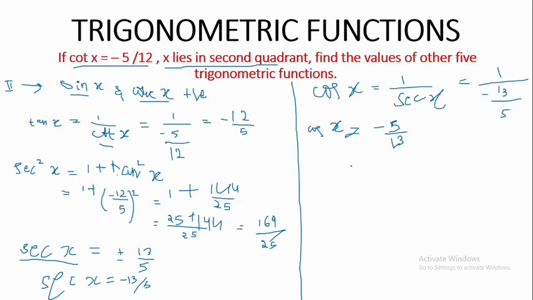So we know the value of tan x, secant x and cos x. Now we have to find the value of sin x and cosec x. To find the value of sin x, we can use tan x equal to sin x by cos x.